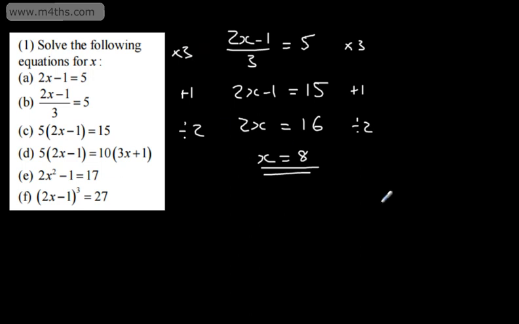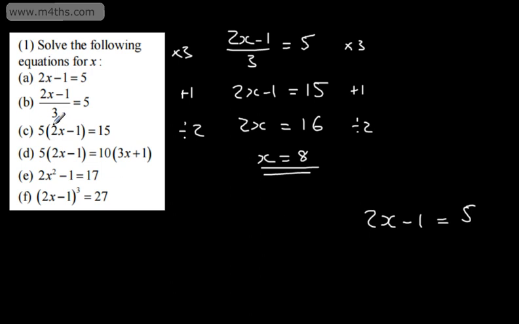The reason I'm doing this is because often lower down when you're solving equations, we're told to work backwards. So for example, if I had this equation, what we would do is add 1, divide by 2. That's what we're doing. But if we have unknowns on both sides, we can't simply work backwards in that way. And that's why I like to say I'm doing the same to both sides of the equation.